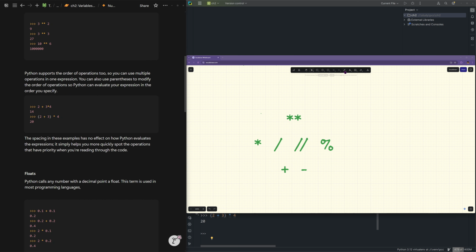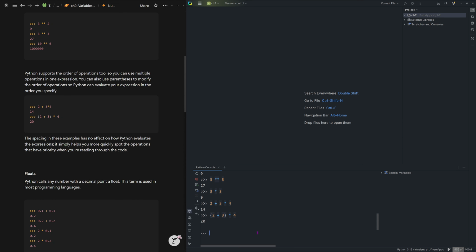So this is the order of operations. The idea is, if you have many operations in your code, so let's say 4 double asterisk 5, and then you have division, let's say 2, and addition 1, and then you can also subtract 100 from it.